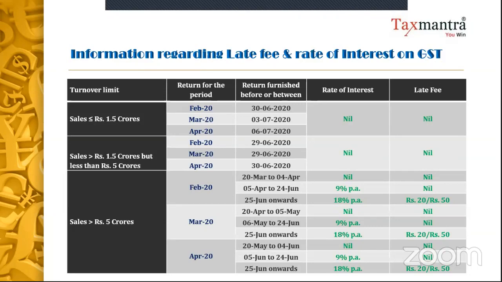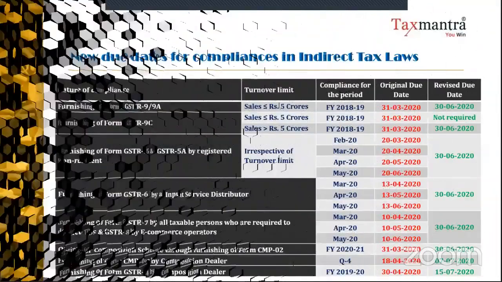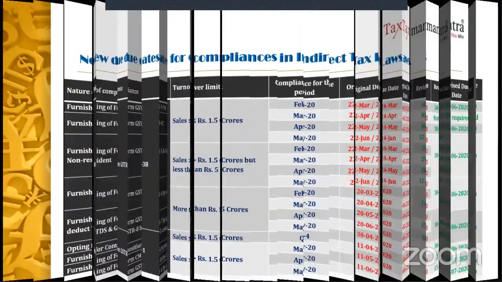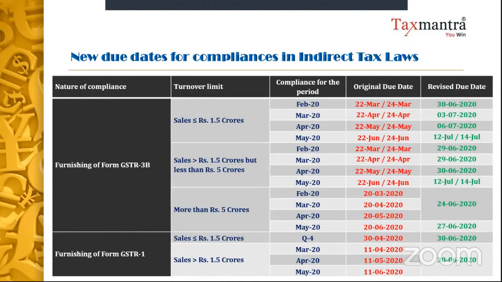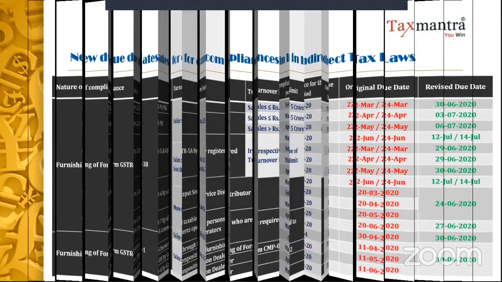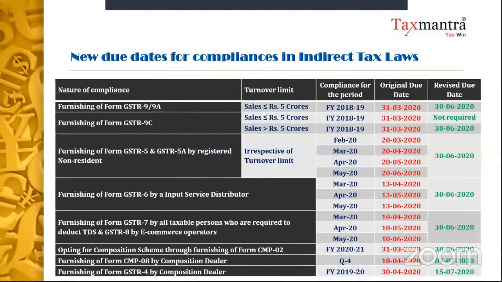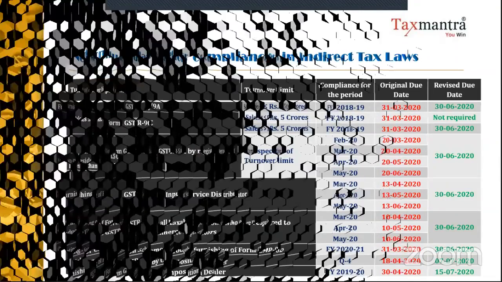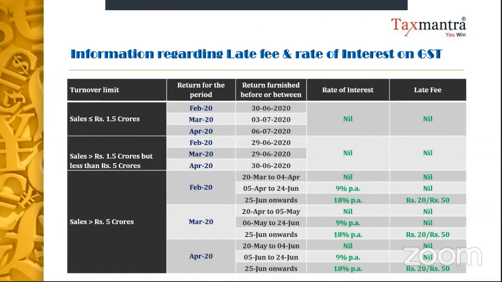Suppose for the month of February, the revised due date we have discussed in the earlier slides, just a second. Yes, for the month of February, the revised due date would be the 26th of June. Now you can see if the return is furnished between 20th of March to 4th April, there will be no interest.